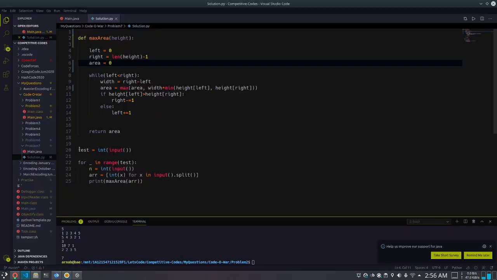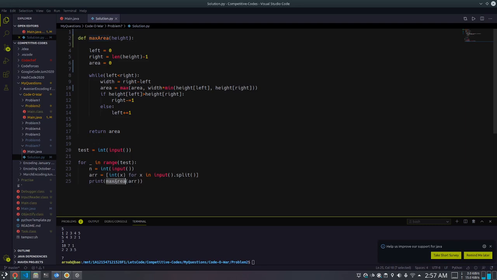So I have written this in Python. I've taken the input in the test variable. This signifies the test number, n signifies the size of the array, and ARR signifies the array containing the y coordinates. Now we are going to print the result by computing the operation on this array.